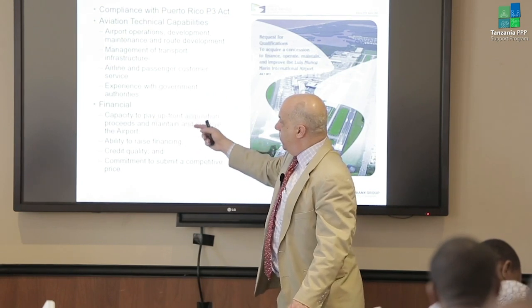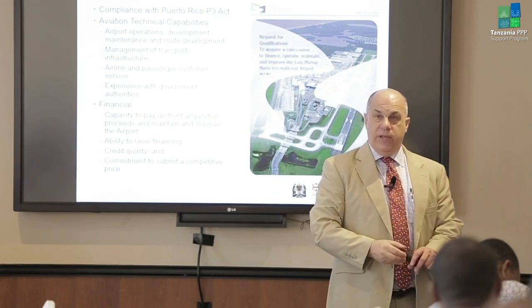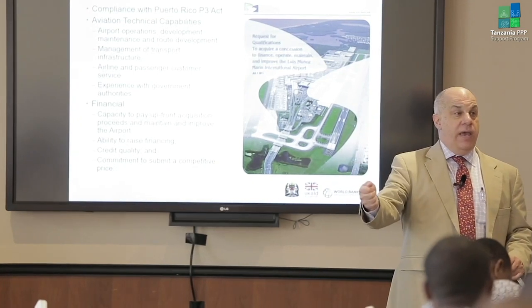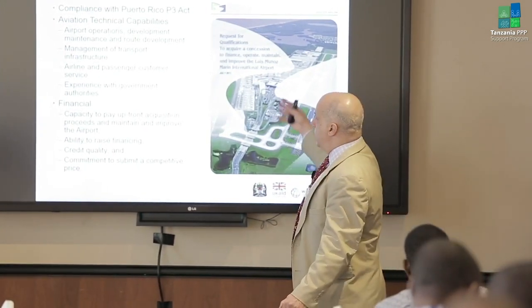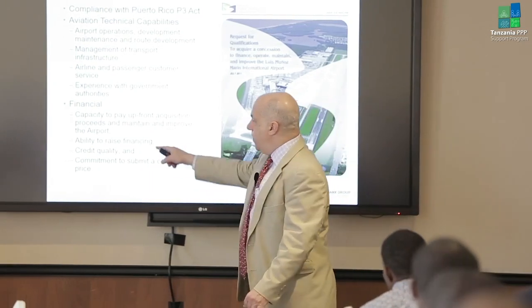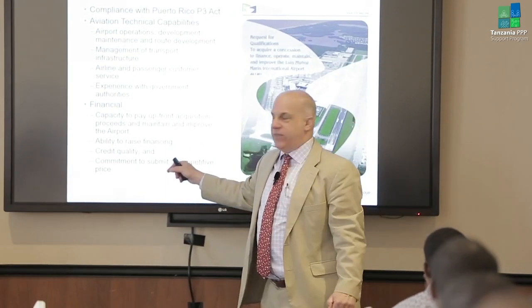Financial qualification. This was going to be a concession, could they pay a large upfront fee to the government? This airport is busy, it generates a lot of revenue. Could they raise the financing? Back there, you asked that question. And could they make a commitment to a competitive price for this facility? So that's July 2011. They made a big announcement about it. They let the world know about this project.